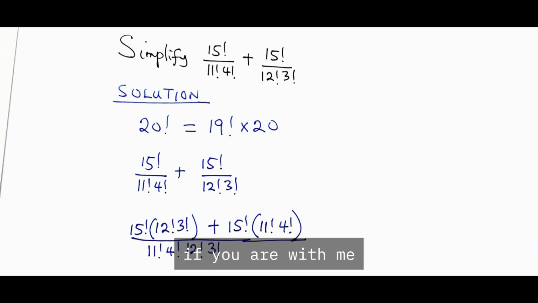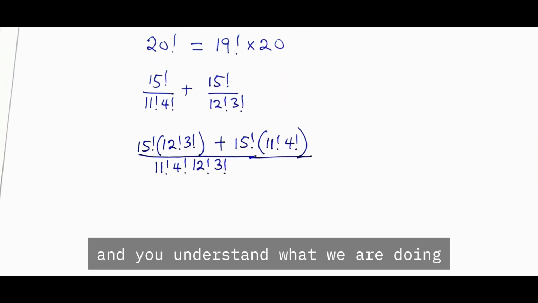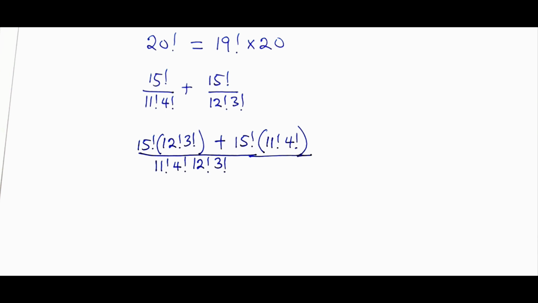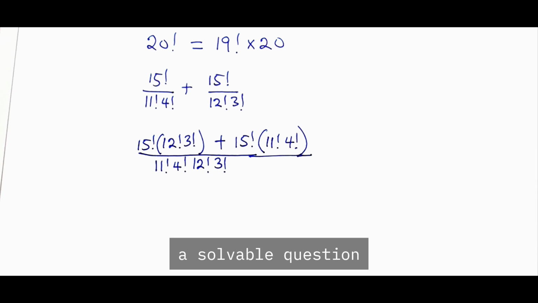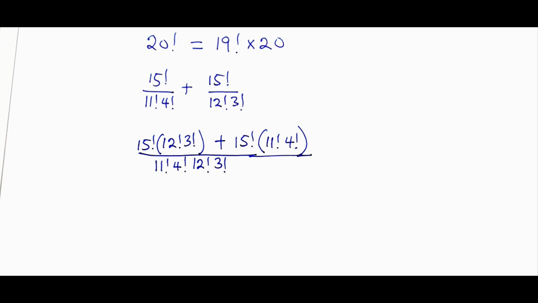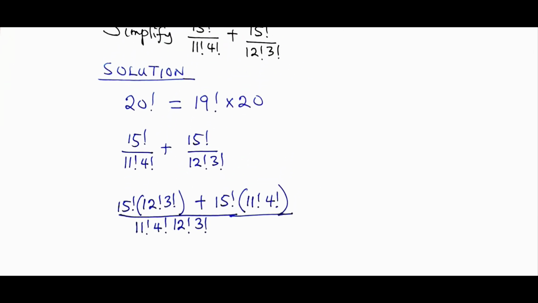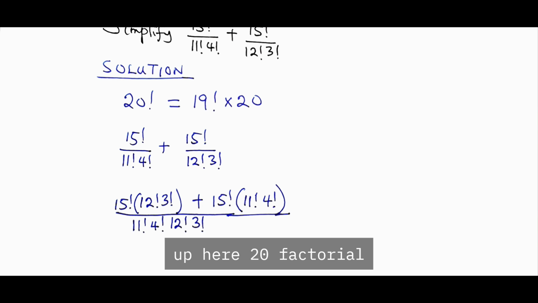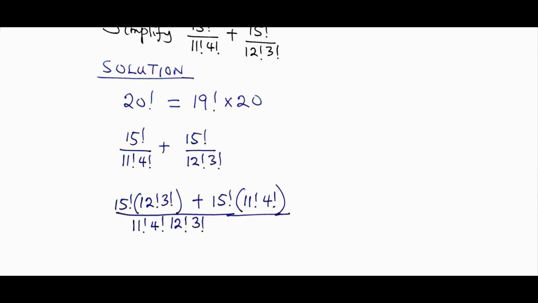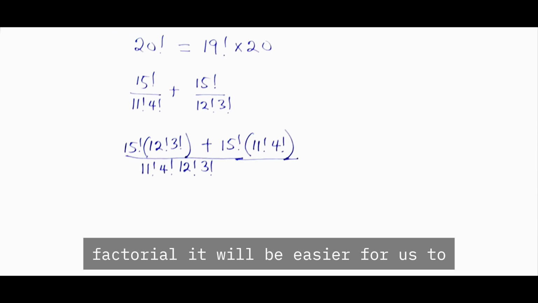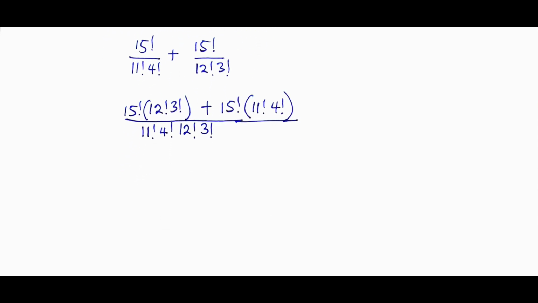If you are with me and you understand what we are doing, the question is becoming a solvable question. Like what I wrote up here, if you know that 20 factorial equals 19 factorial times 20, it will be easier for us to do this.